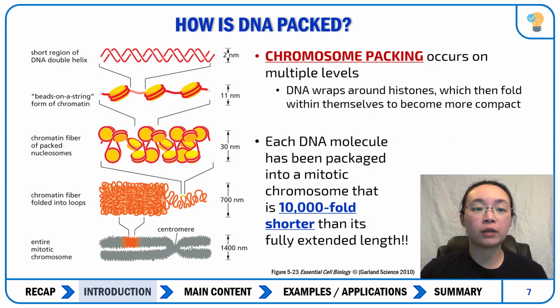Those condensed structures are essentially as follows. You first start off with your DNA strand, and it gets wrapped into histones. The histones bundle up together into larger aggregates, and then they eventually form a chromosome.